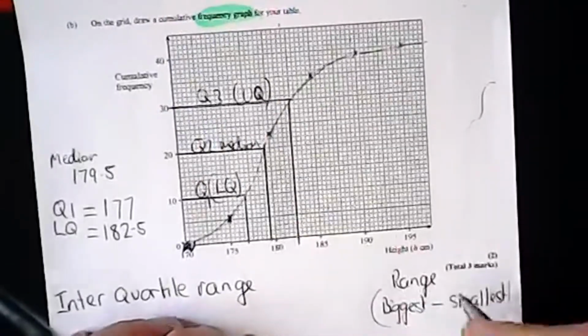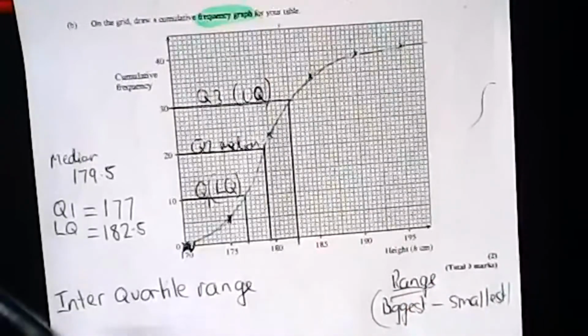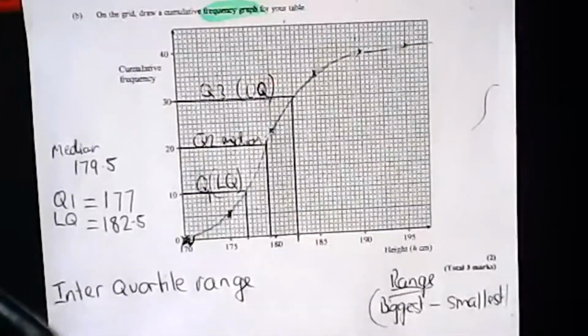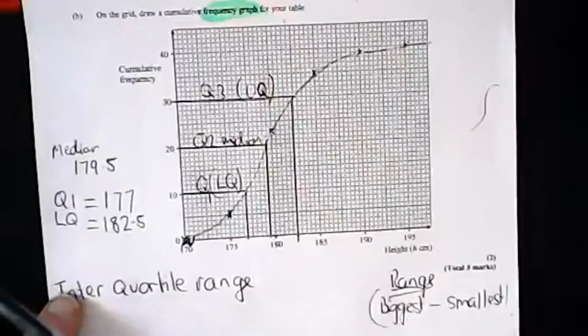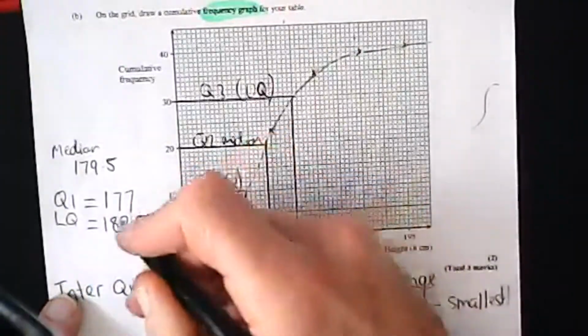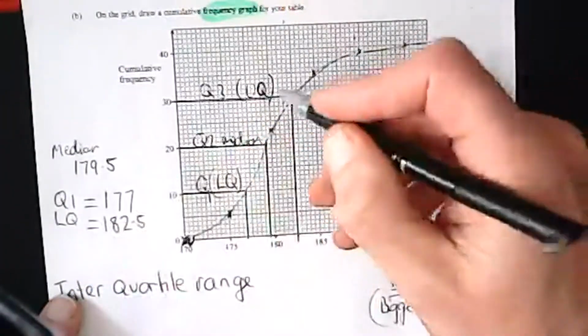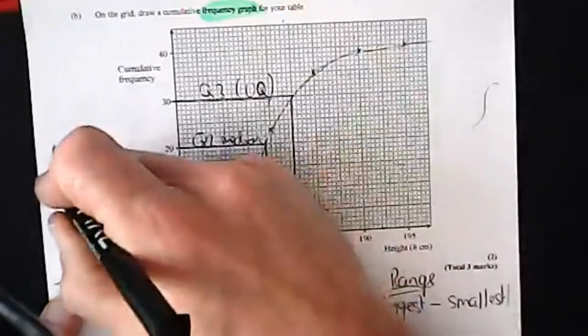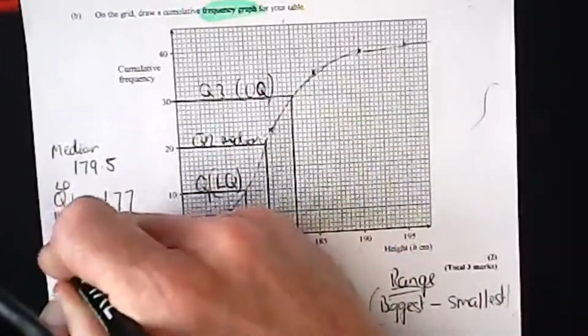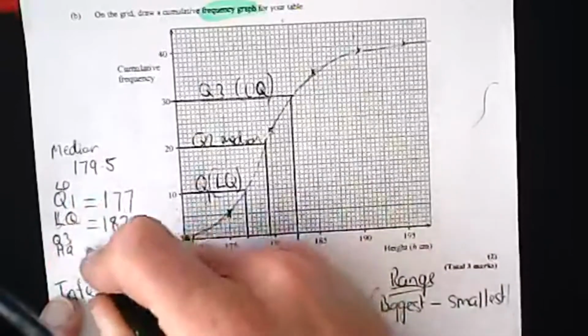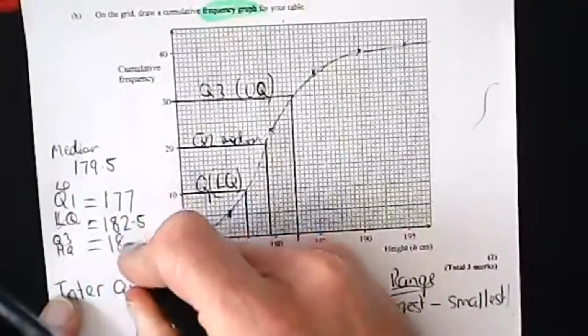Okay, or highest versus lowest. So interquartile range is the highest quarter, which in this case is, sorry, we've got Q3 there, that lower quartile, Q3 higher quartile. Let's not get confused here.